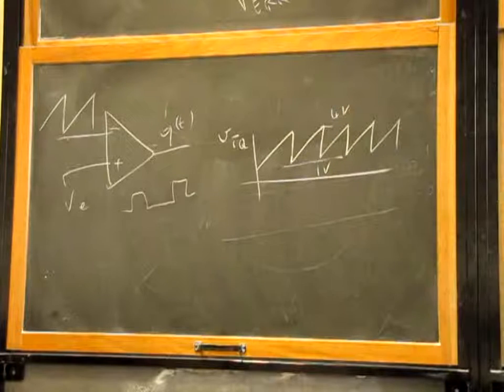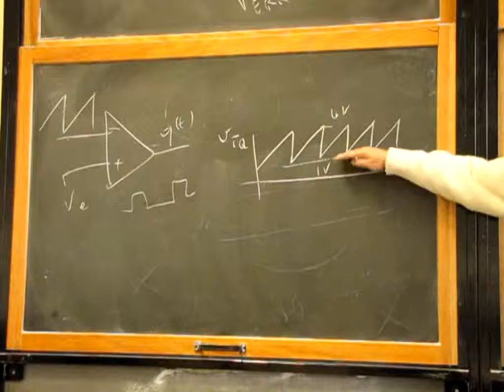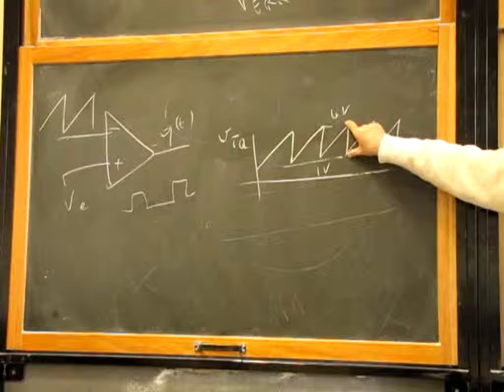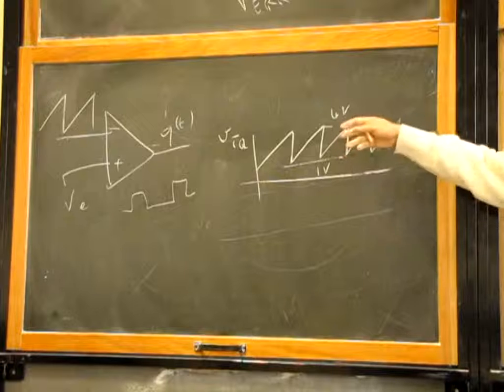What's the gain in this case? It's 1 over 3 volts. It's still the same as before. We have an offset over here, but the gain is just the variation of the generated duty cycle divided by the variation of the input voltage. So it's still 1 over 3 volts.